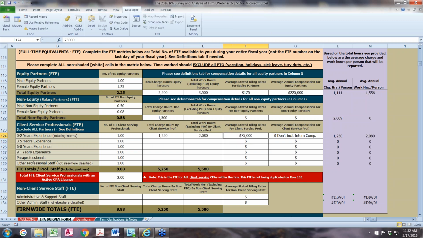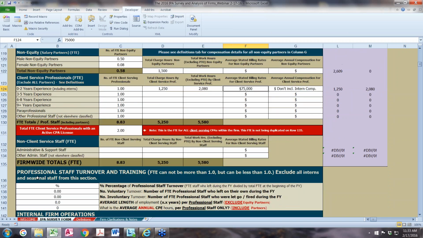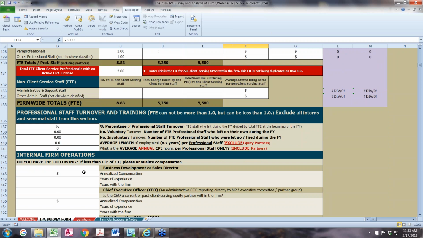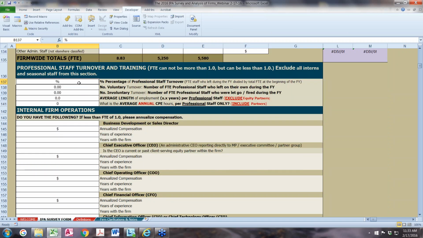All right, let's go down to row 137 where we start talking about professional staff turnover. In row 137, we are looking for a percentage. This is the percentage of full-time equivalent professional staff, which includes all professional staff, all paraprofessionals, and all partners who left the firm during your fiscal year, divided by the number of full-time equivalent professional staff at the start of your firm's fiscal year.